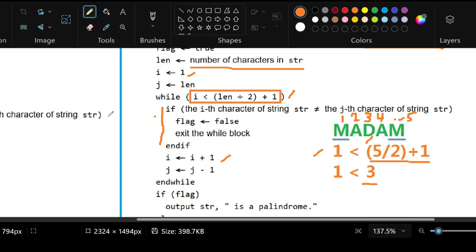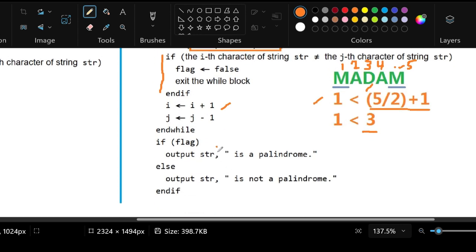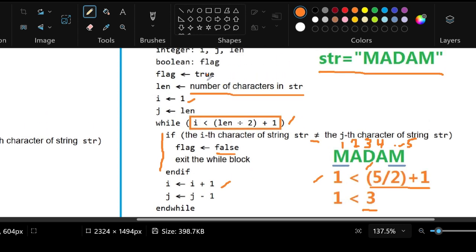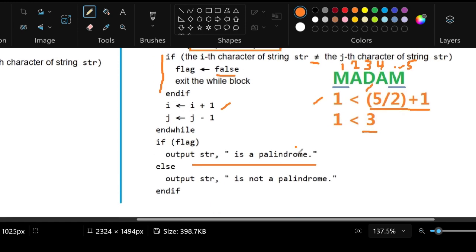Therefore, we exit the while loop and go down below where we have the flag, and the flag tells us that the string is a palindrome because we didn't set it to false, unlike when we find that the current i and the current j aren't equal, so we set it to false. And let's just take a look at the initial value set to the flag. It is true, so the output is really Madame is a palindrome.